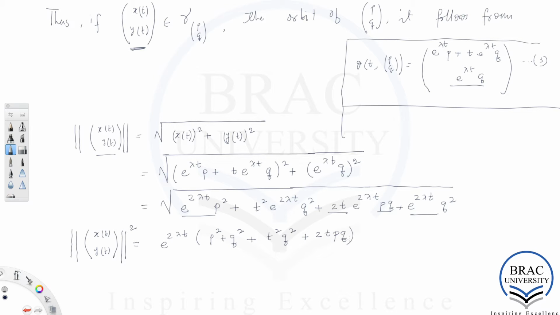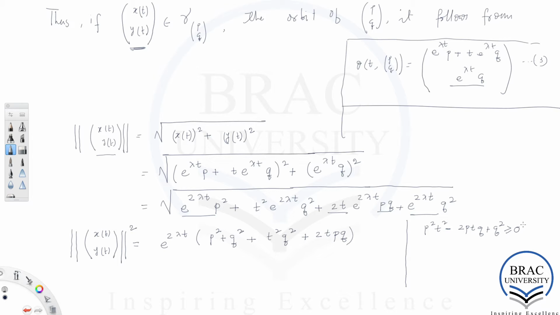Okay, good. This is the norm squared. Now we are going to use the fact that p squared t squared minus 2ptq plus q squared is greater than or equal to 0.